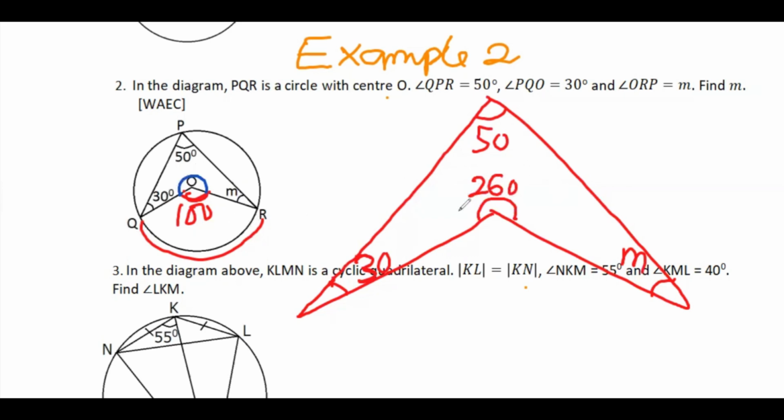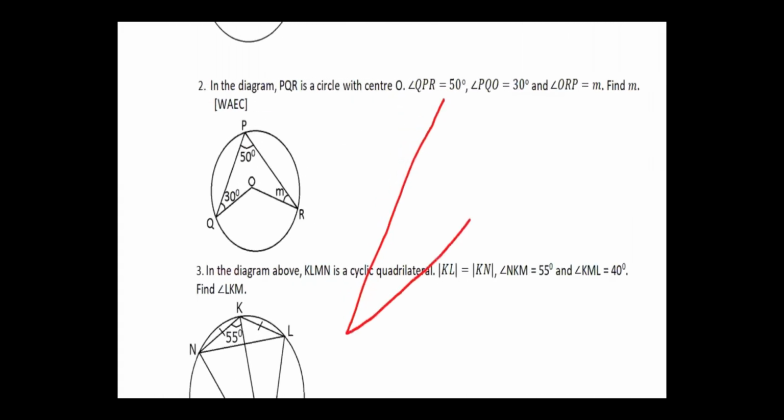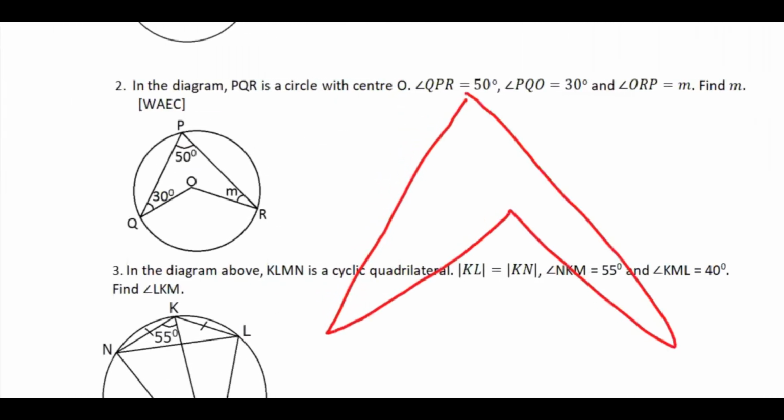This is a reentrant polygon. It's a polygon where one of the angles is a reflex angle. But it is a quadrilateral because it is four-sided and has four interior angles. So like I was saying, we got the angle here to be 260. We have M here, and in this place we have 30. So this place we have 50.